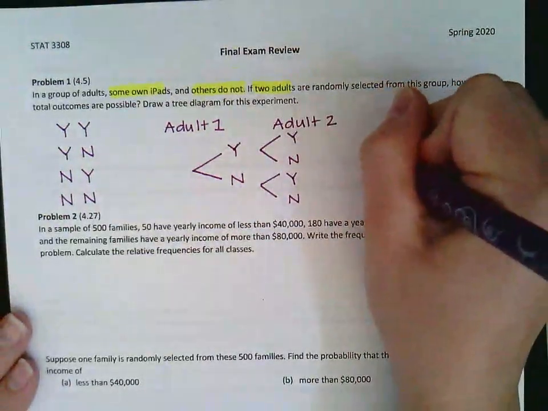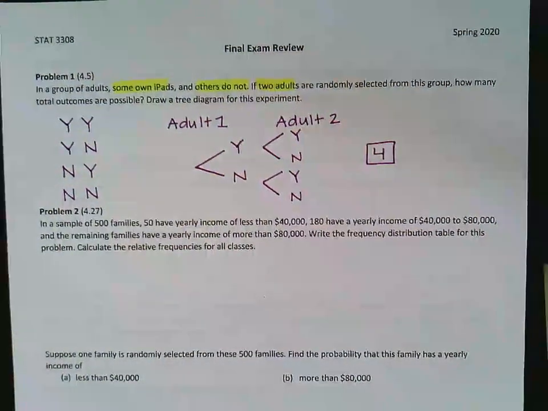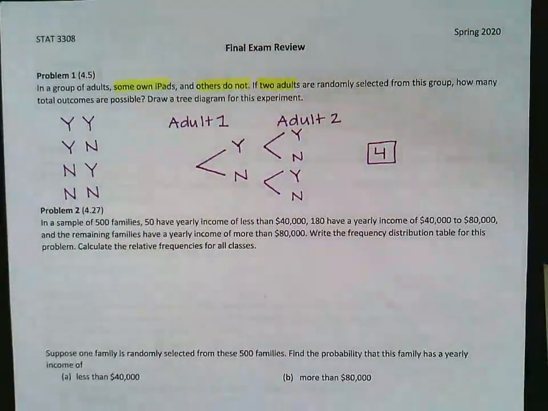So 4 is our answer. Okay. And this is just to start getting you to think about all the different possibilities for probability outcomes. Okay, that's kind of where chapter 4 is going to start for us.